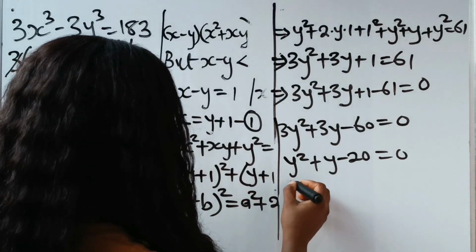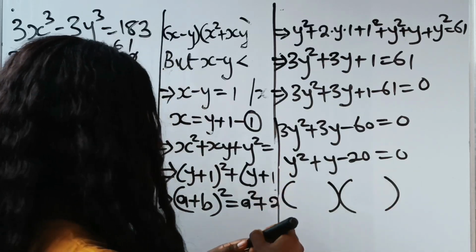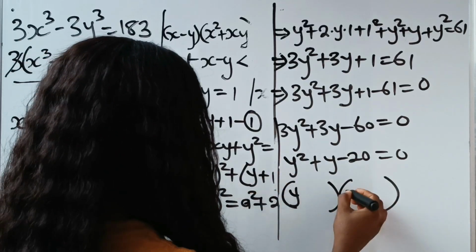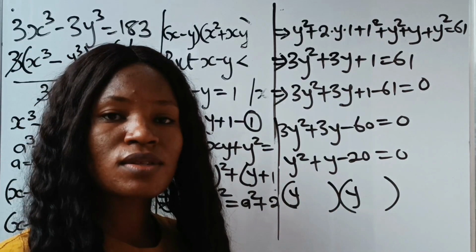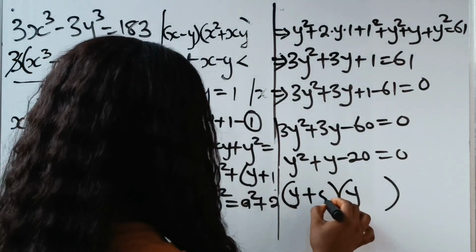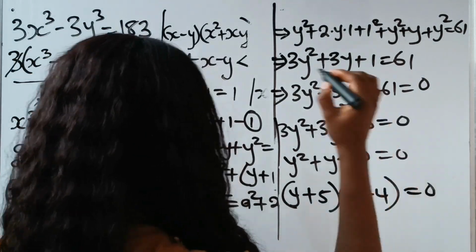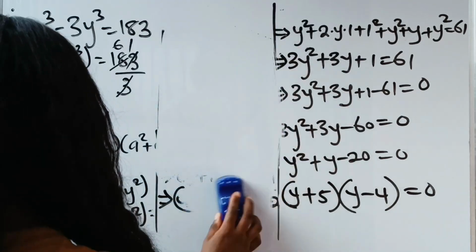Okay, so because this is y squared, I will open two brackets as long as the coefficient is 1. So I'll write y to represent y squared, right? So the two factors we brought out are plus 5 and minus 4. So it's going to be (y plus 5)(y minus 4) is equal to 0. All right, now let's continue.